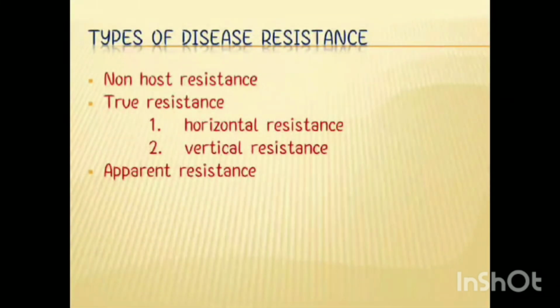There are two types of true resistance: horizontal resistance and vertical resistance. True resistance means they possess a gene for resistance directed against the virulence genes of the pathogens. Third one, apparent resistance: plants escape or tolerate the infection by the pathogen.